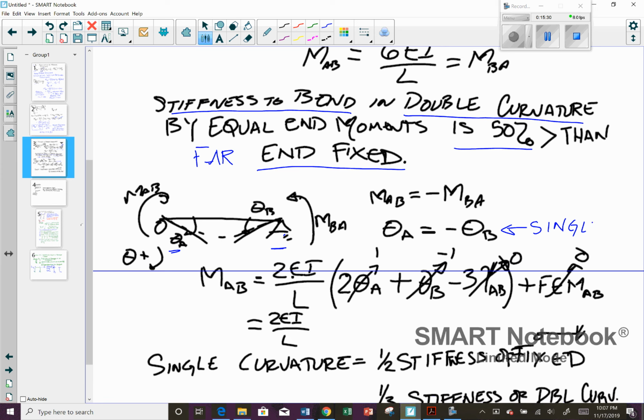Because you've got one going one way, one going the other way, so that you end up with 2, and again, no relative displacement, no loads applied, because we just want to check the stiffness. So this is going to give us 2 times 1 minus 1. That ends up being 1, so you end up with 2EI for a rotation at A equal to 1 and rotation at B equal to -1.